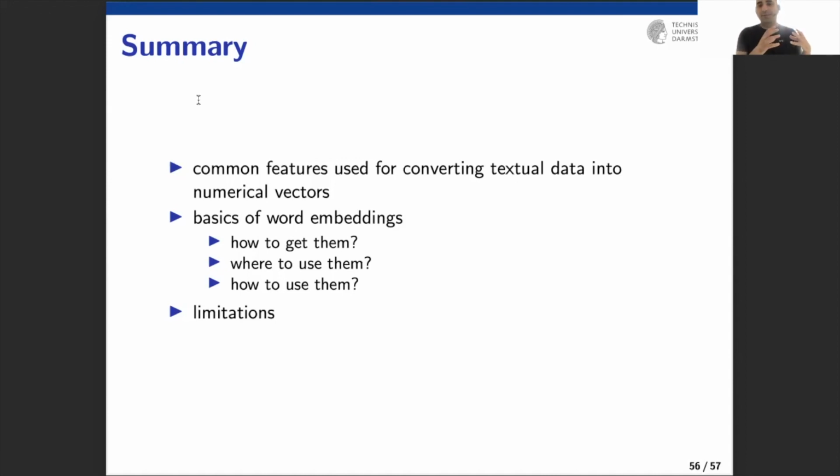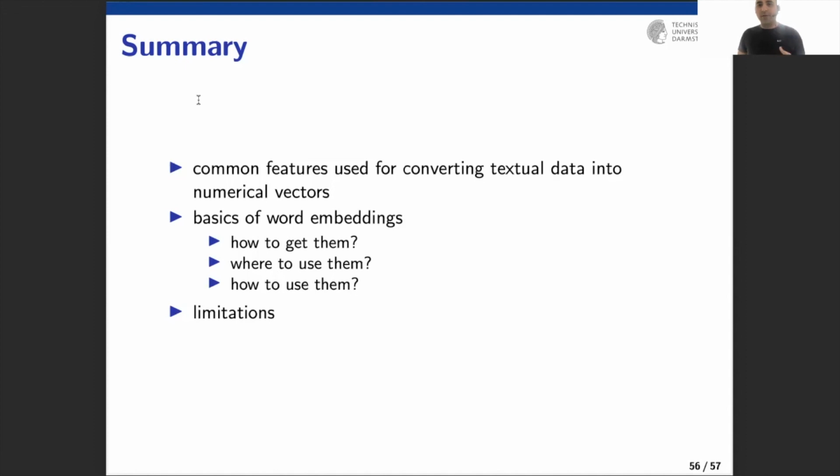And then how should we obtain these word embeddings? We discussed skip-gram and continuous bag-of-words approaches, and we also discussed GloVe briefly. We discussed where to use these word embeddings, like for intrinsic evaluation and extrinsic evaluation.